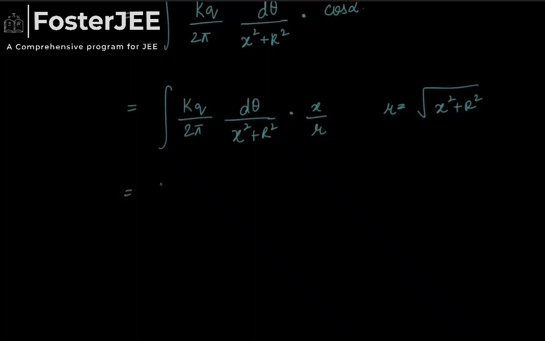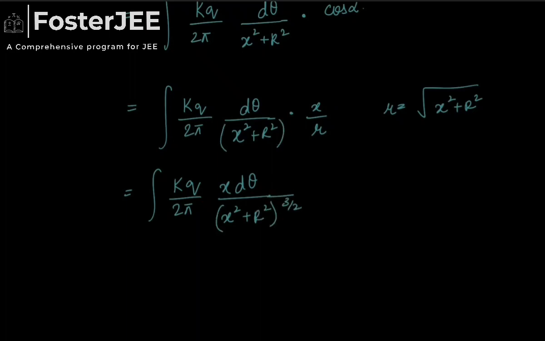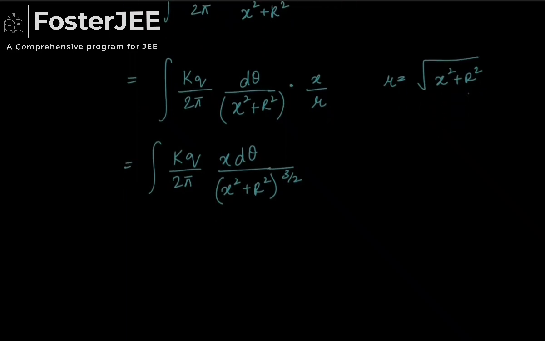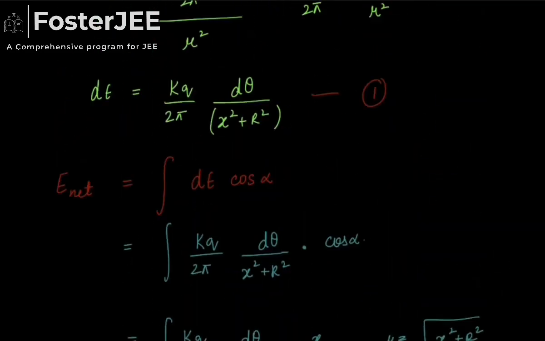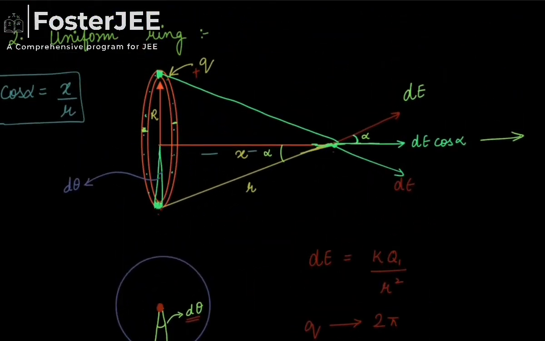So put this value in this, we will get the integral of kq by 2 pi d theta x upon x square plus r square whole power 3 upon 2, because this power is 1 and this power is 1 upon 2. Hence we are able to find the electric field due to uniform ring at any distance x.